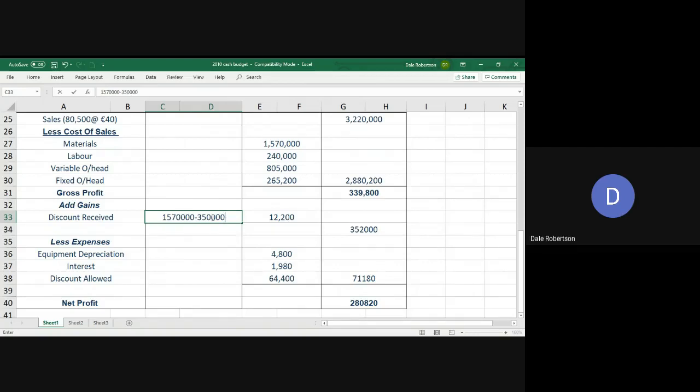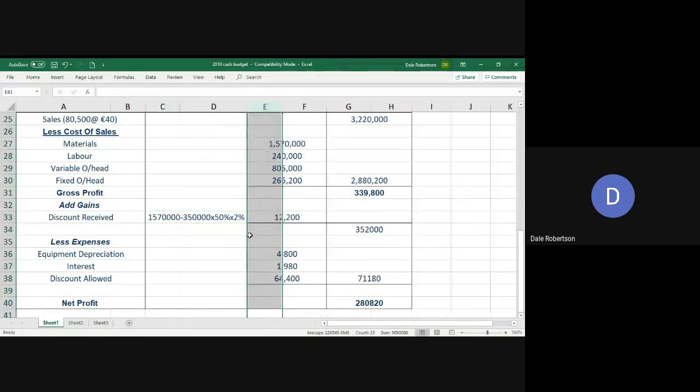Your calculator will tell you that. That figure then you multiply by 50% because you only get discount on half of your purchases, and then you also multiply by the rate of discount, which is 2%. And when you do that on your calculator, a tricky enough little sum to get your head around, you'll get your 12,200, and that is your discount received.